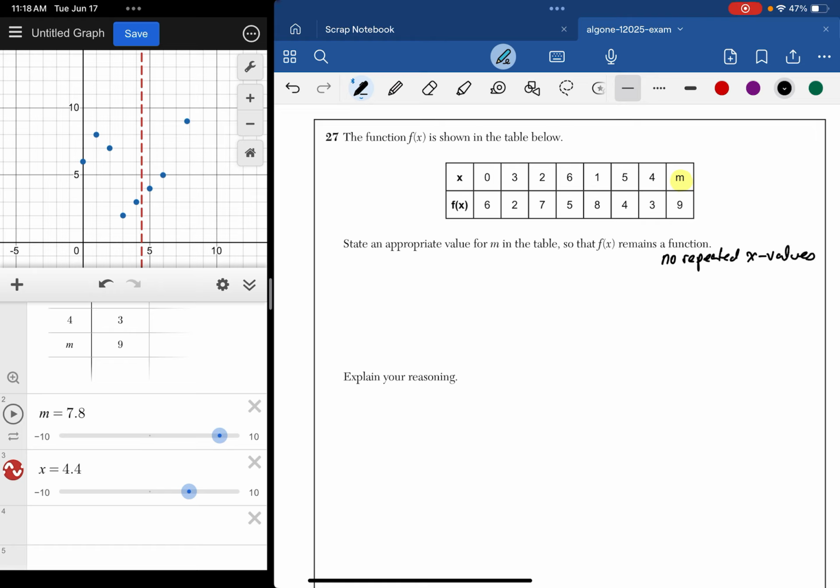All right? To be a function, each x value must only lead to one y value.